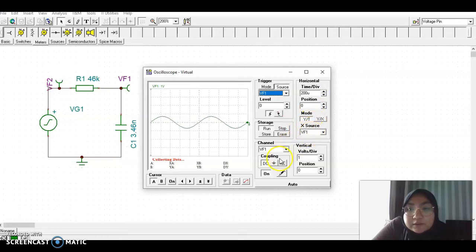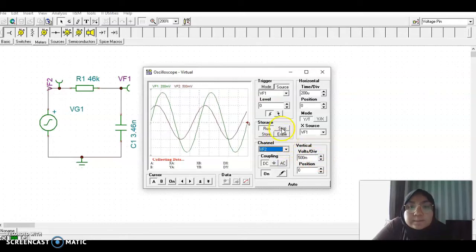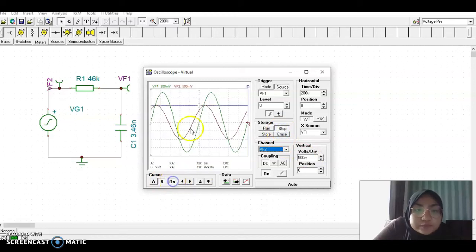Alright, it should be fine. Then I have to make this smaller, and then I'll adjust PF2. Okay, stop. And for press 2, I use the B cursor to find the phase shift.